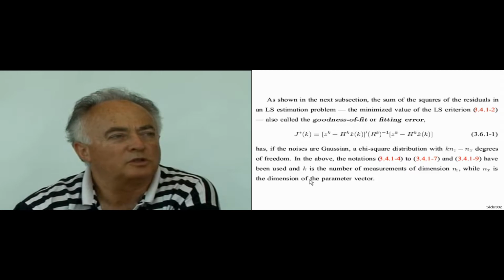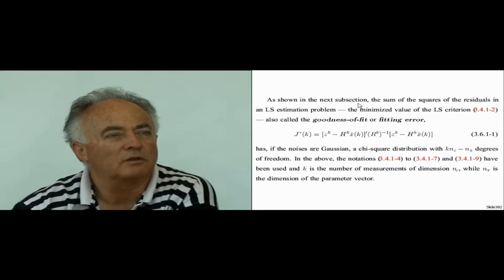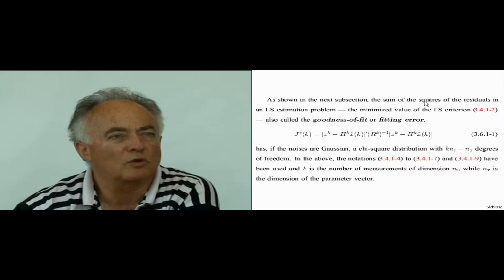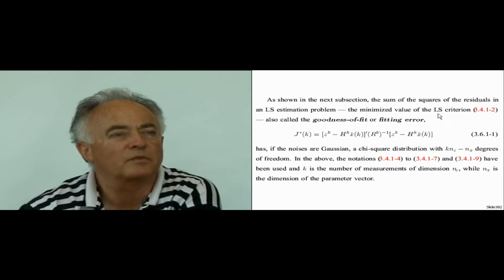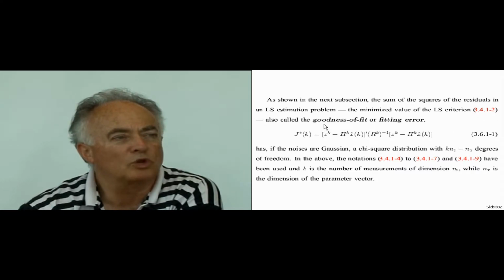Now, there is one result which is proven in 3.6.2, and this is the following. The sum of the squares of the residuals in a least squares estimation problem, namely the minimized value of the least squares criterion, given in 3.4.12, which we also call the goodness of fit or fitting error.